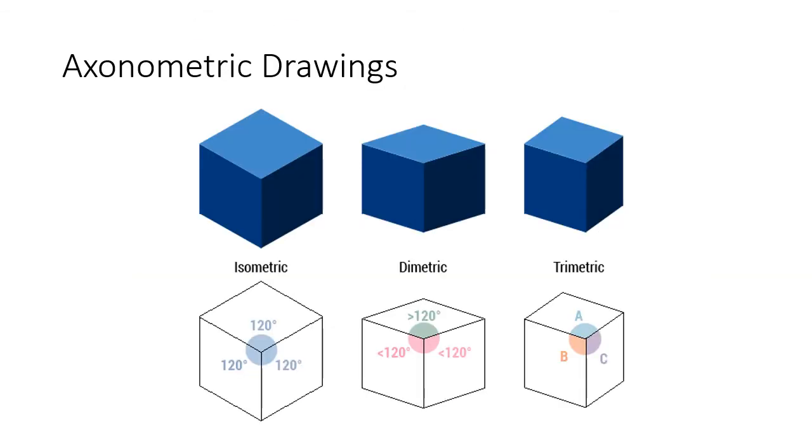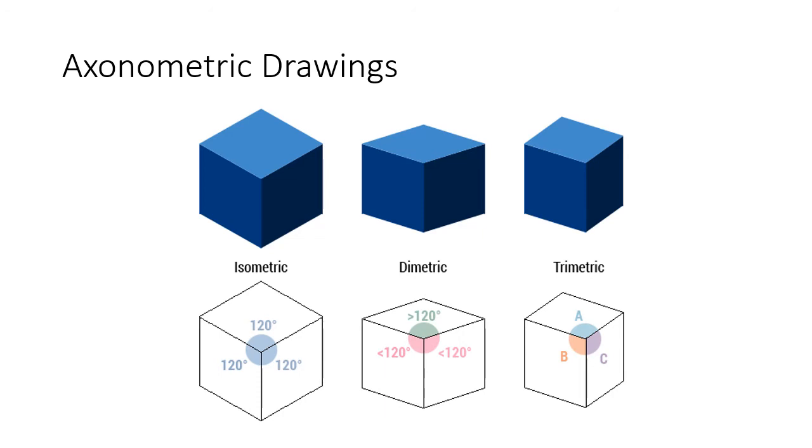So we have this axonometric projection. Axonometric projection, or drawings, is a type of orthographic projection used for creating pictorial drawings of an object, where the object is rotated around one or more of its axes to reveal multiple sides.